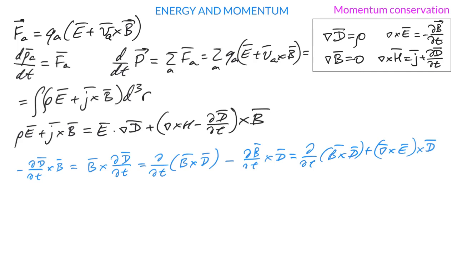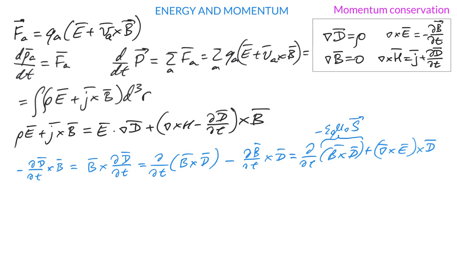Let's assume here that we're working with vacuum, so that this expression here is equal to negative epsilon naught mu naught times dS by dt, where S is the Poynting vector that we introduced when we discussed the energy flux. So this piece will go directly into the equation above. And now we have two terms that look similar.